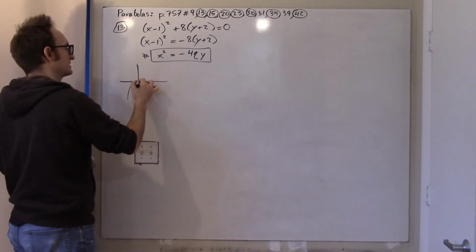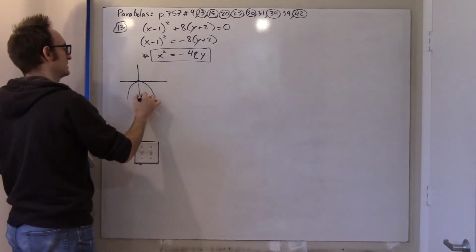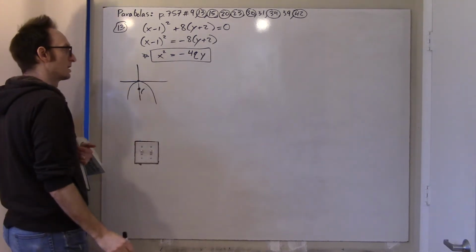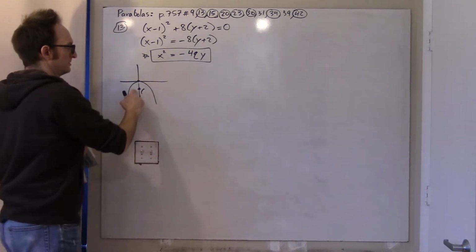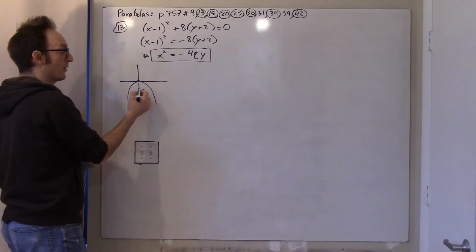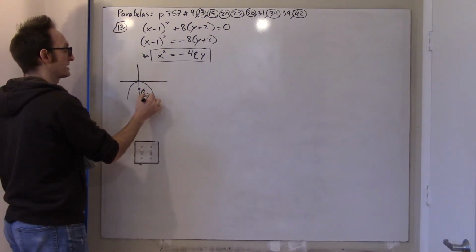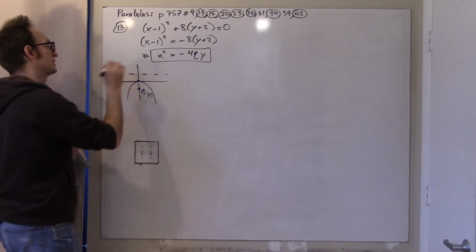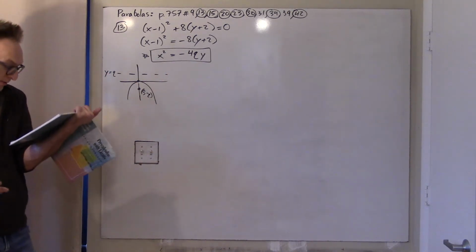But this is the only stuff you need to know: the focus will be q away. So that'll be 0, negative q, and the directrix is up here at y equals q, and the parabola itself is opening down.